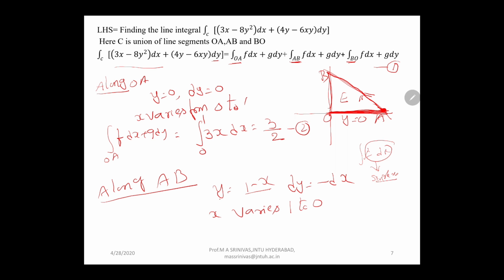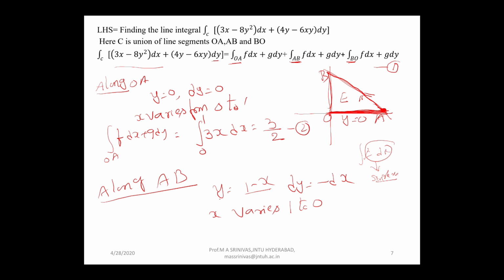Therefore, along AB, my integral of f dx plus g dy is integral 1 to 0. So you know what your f is. In this, I need to write in place of y, 1 minus x. So f value is 3x minus 8 into y, which is 1 minus x, whole square.